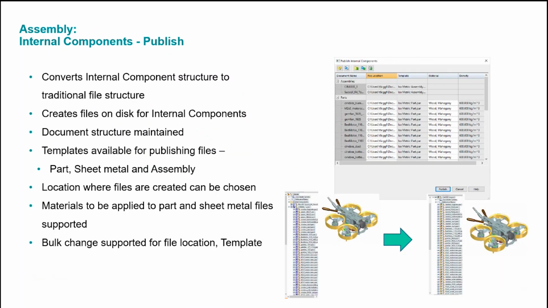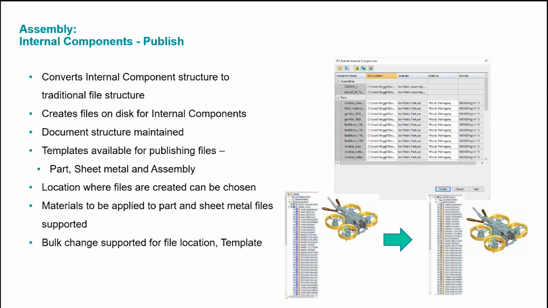When you're talking about internal components, another very useful tool is that we can publish them to traditional file structures. Let's say you got these internal components from your suppliers, you open them quickly inside Solid Edge, and you realize that they meet your requirement and you want to use them inside other projects.